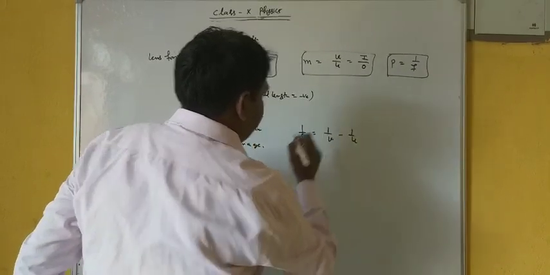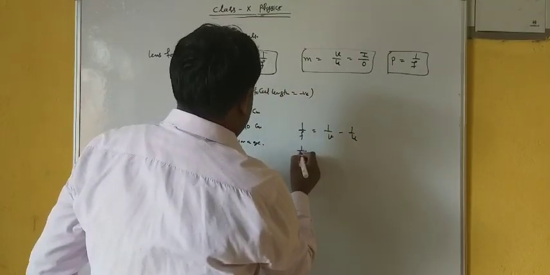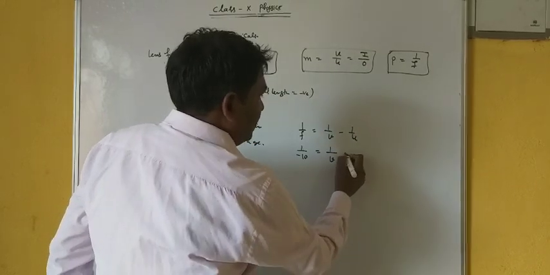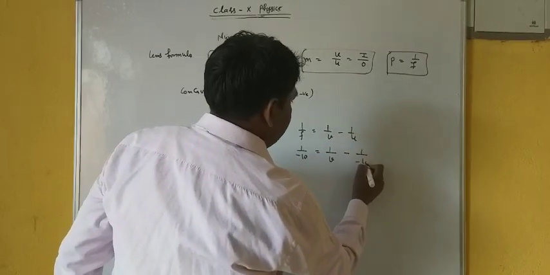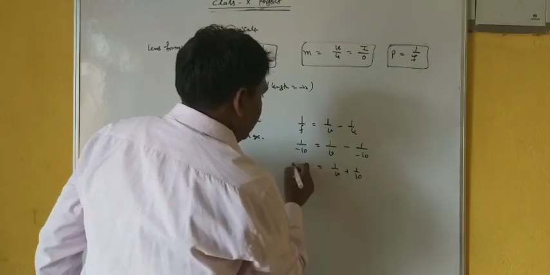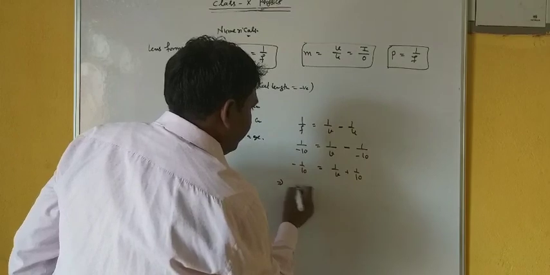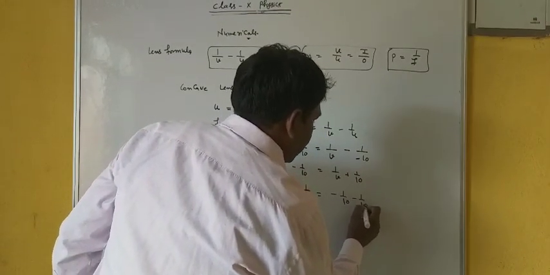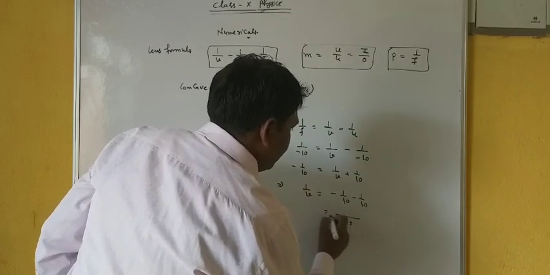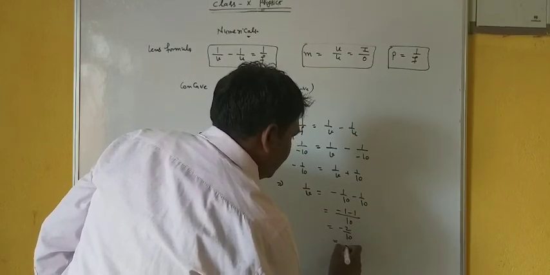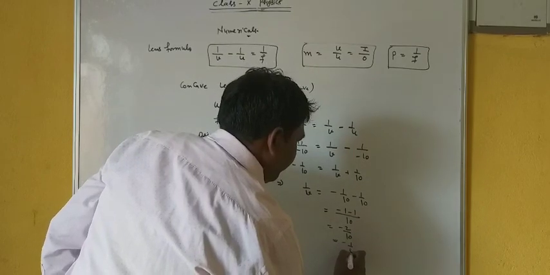Now see, you have the lens formula, 1 by F is equal to 1 by V minus 1 by U. F is minus 10 centimeter, U is minus 10 centimeter, and 1 by V you have to find. So 1 by V plus 1 by 10 is equal to minus 1 by 10, which implies 1 by V is equal to minus 1 by 10 minus 1 by 10, which is minus 2 by 10, so minus 1 by 5.